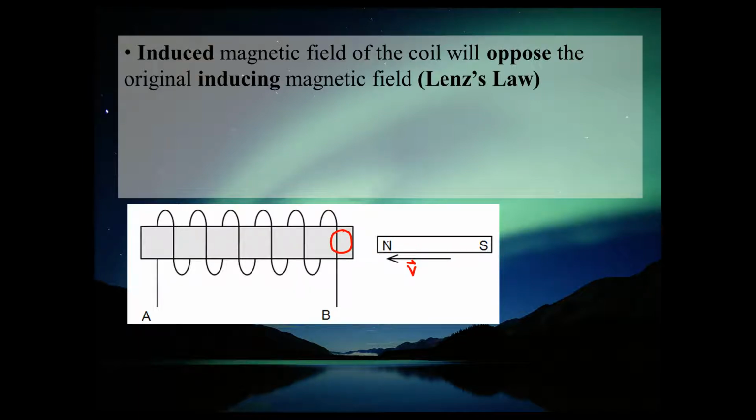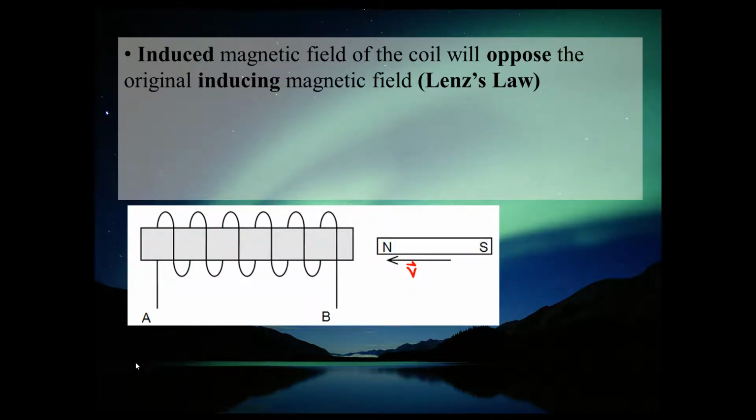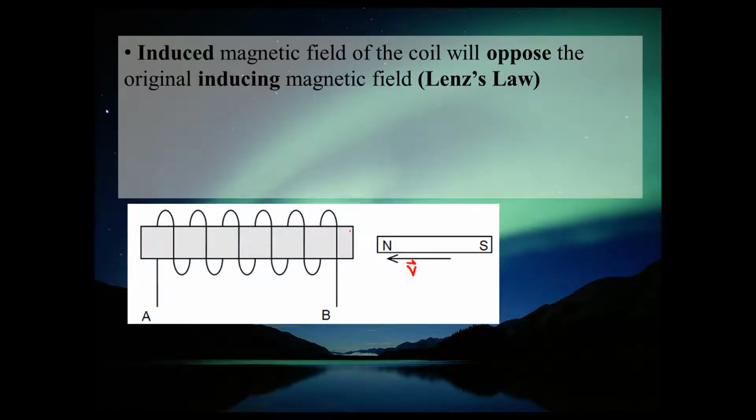Well, if I wanted to slow this thing down, I would need this pole to be a north pole. So let's draw that. This is a north pole, and then this would be a south pole. That's my implementation of Lenz's law.